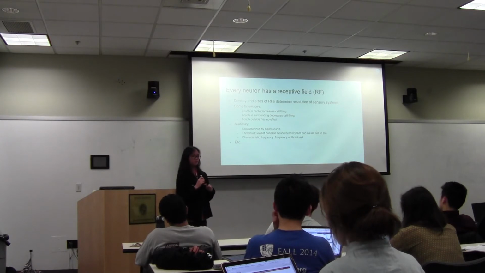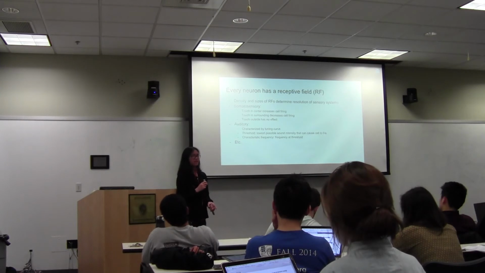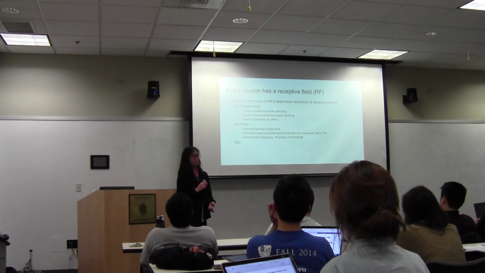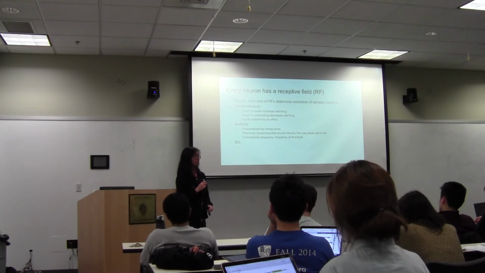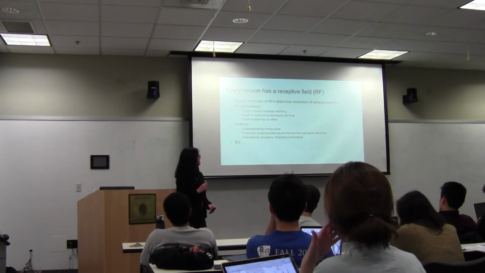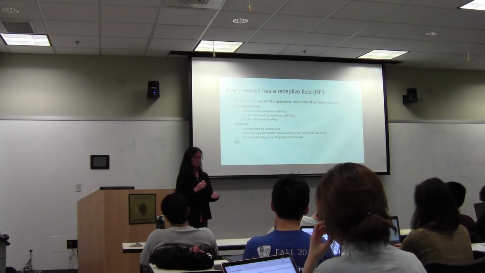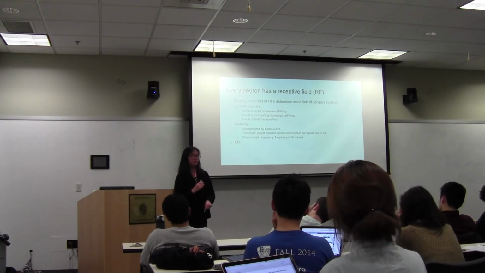Just outside, it will not fire as much, and if it's completely out of the area, it won't be affected. There's also the auditory receptive field, where each neuron has its own characteristic frequency, which you can tell from the tuning curve and the threshold. When you specify a threshold, your characteristic frequency is where the tuning curve just touches that threshold.